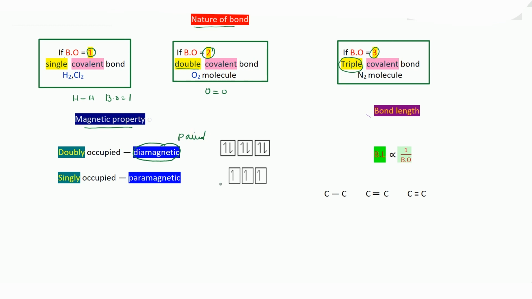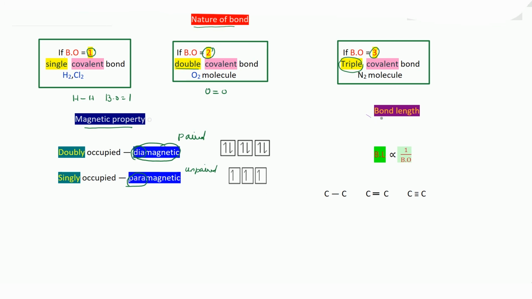If the electrons are unpaired, that is singly occupied, then they are called paramagnetic. So when they are paired up, it is called diamagnetic. If they are unpaired or singly occupied, then it is called paramagnetic. From the molecular orbital diagram, we can easily know this.